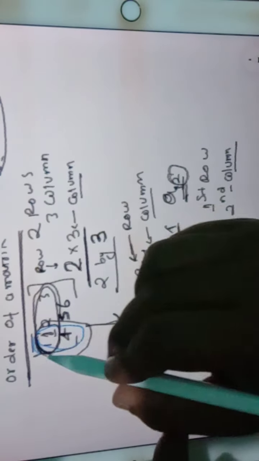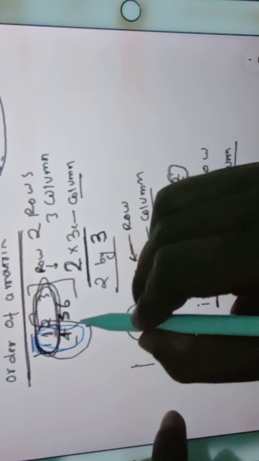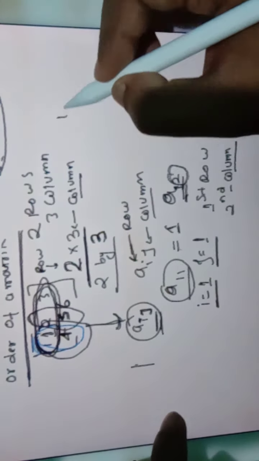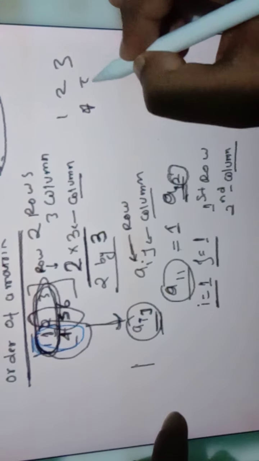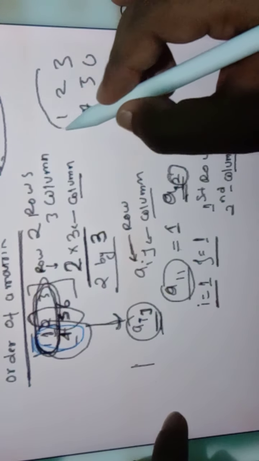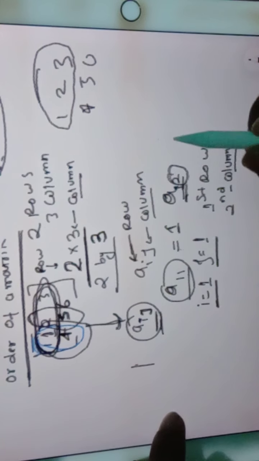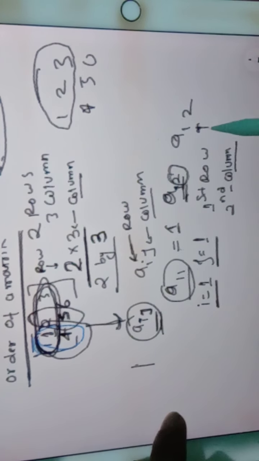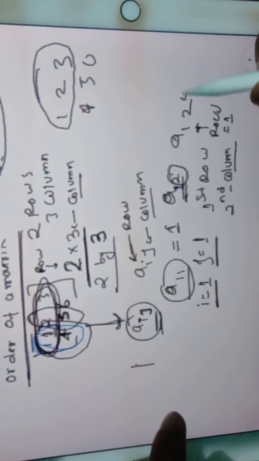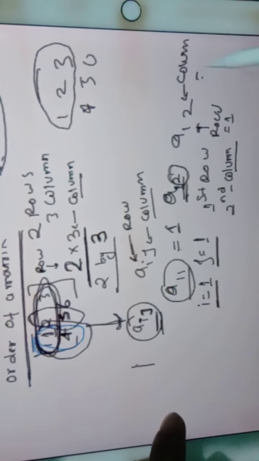If you go to first row and second column, that is 2, this one. It looks complicated, so I write the element here: A12 means row equal to 1 and column equal to 2, second.